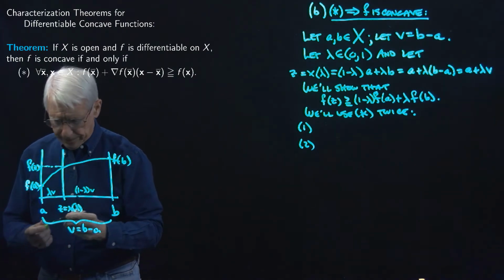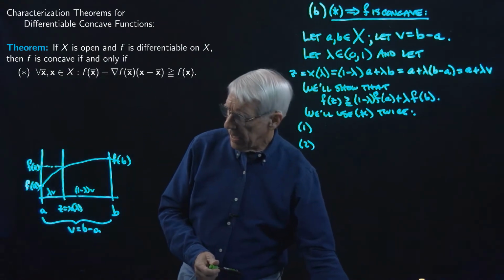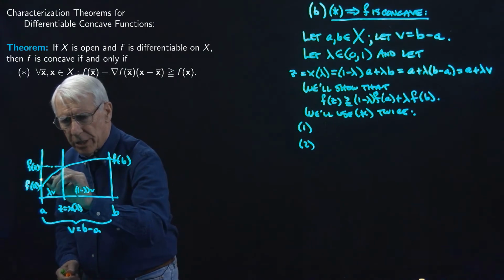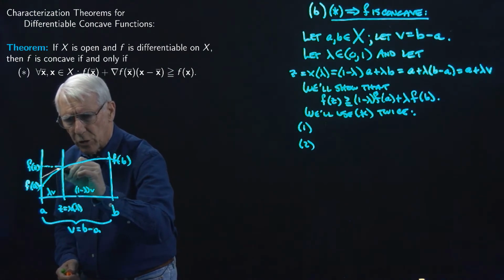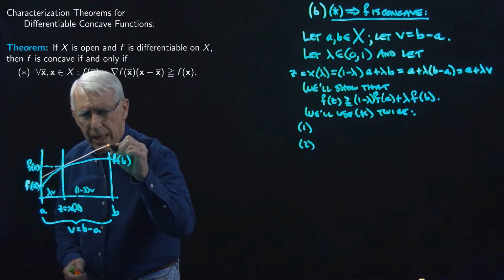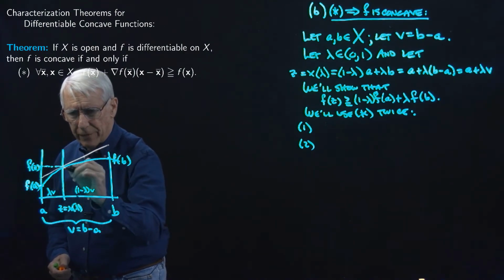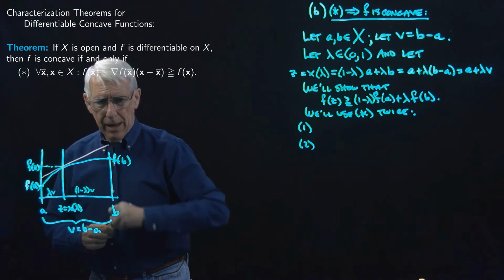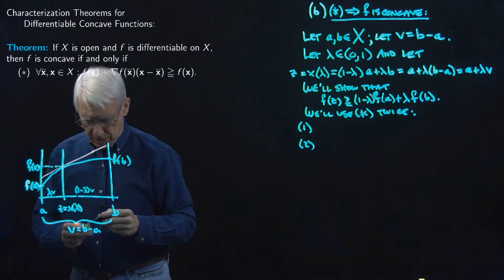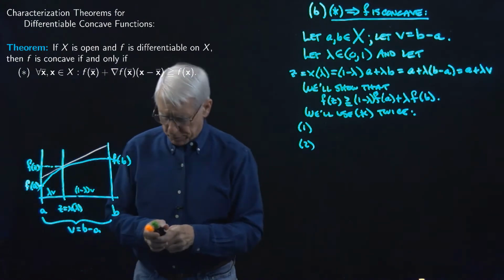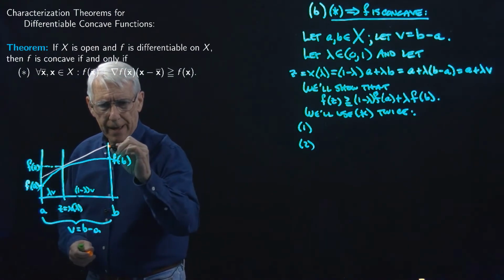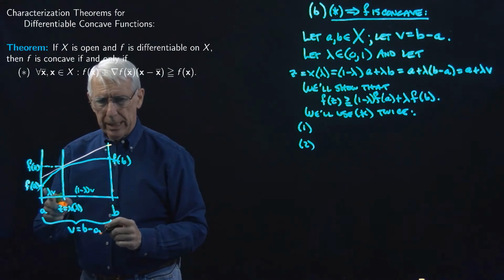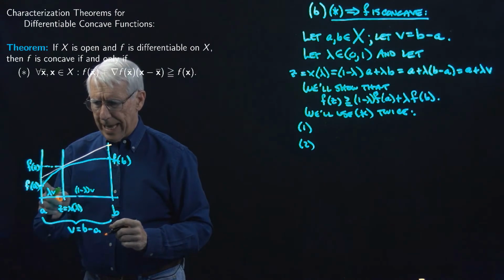So I'll draw a concave function here. And now let me add one more item, and that's going to be the tangent to this graph at z, or at z f of z, at this point right here. And so let's just point out what this is here.